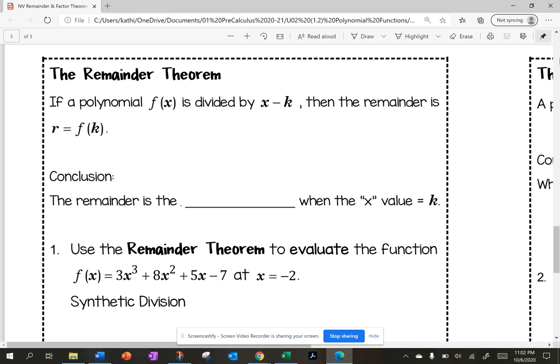So the remainder theorem says if f of x is divided by x minus k, then the remainder r equals f of k. So when I write x minus k, this is in the factor form.